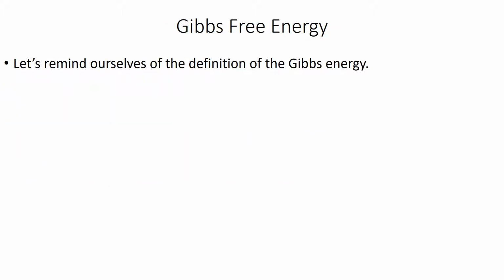Alright, the Gibbs free energy. Let's remind ourselves of the definition of the Gibbs energy. There it is. The Gibbs energy, G, is equal to the internal energy, U, plus PV minus TS.